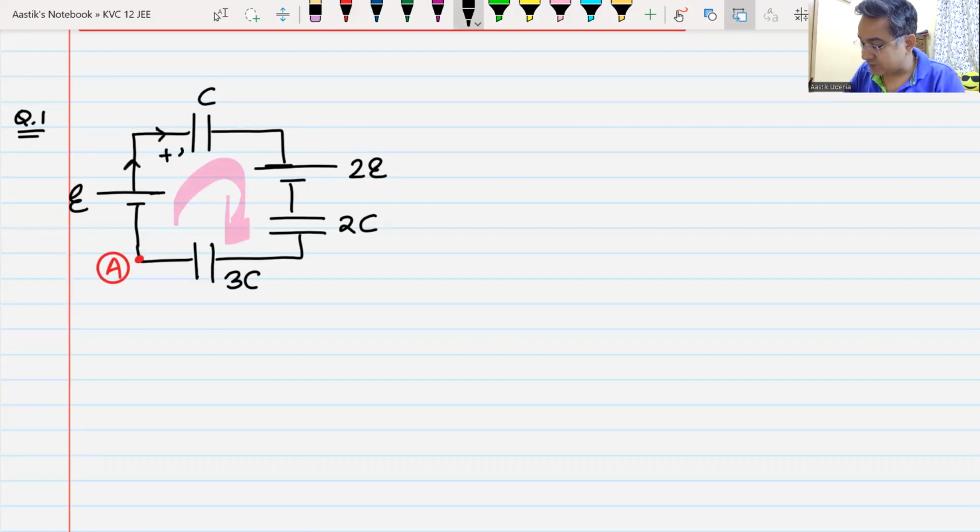So this plate will get plus Q charge, this plate will get minus Q charge. Current still flows in the same direction. Plus Q, minus Q, plus Q, and minus Q. Do we understand this? Yes or no? Yes, sir. I just write the equation, get the answer, and I will stay happily ever after.